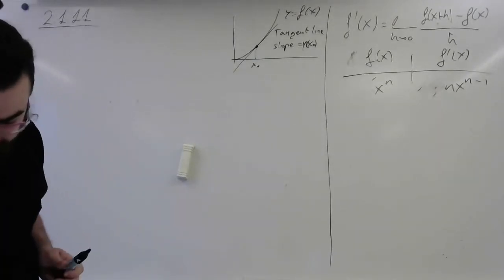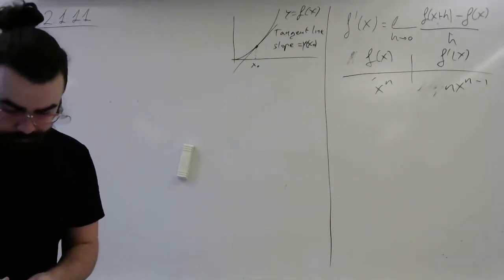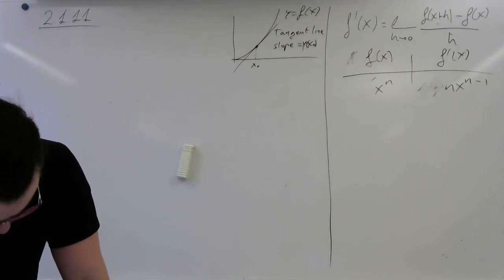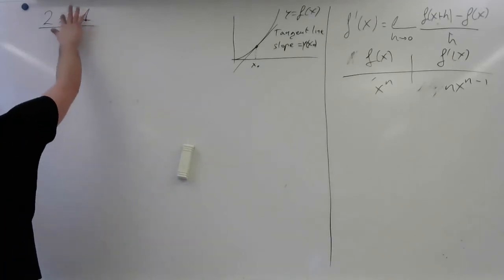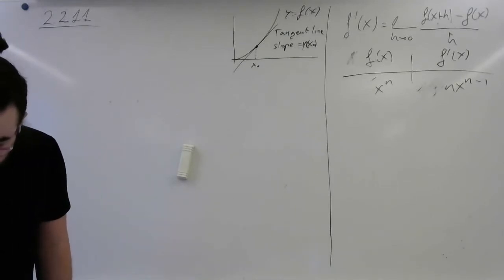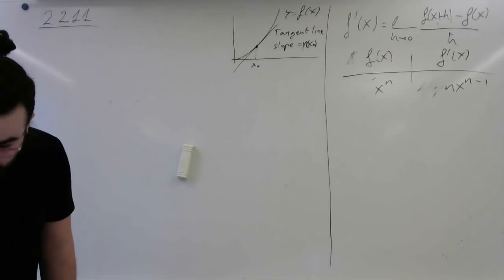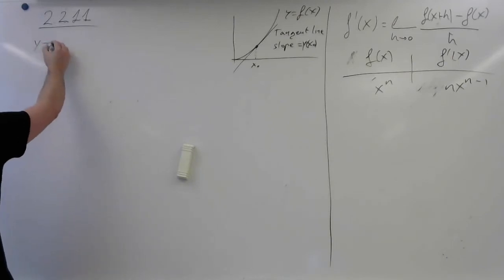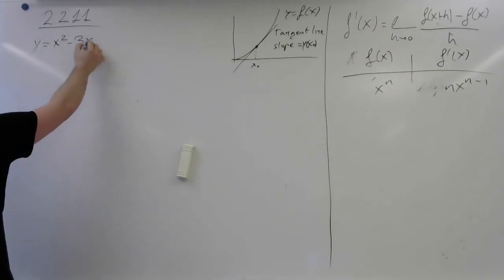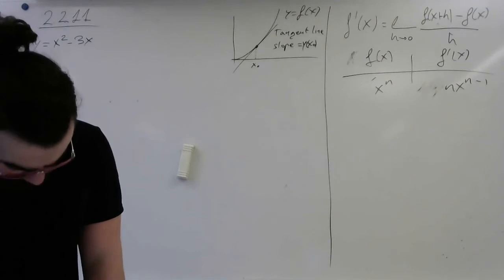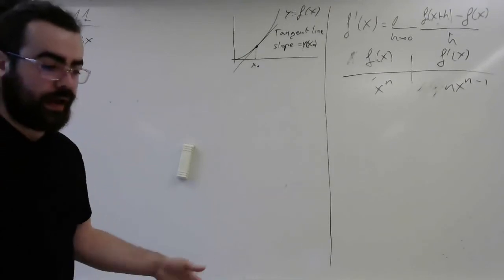Now we're moving into section 2.2, page 107. And I'm going to go through number 11 again. How do we solve this?